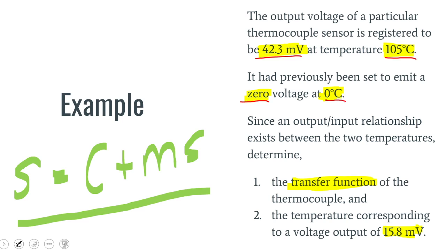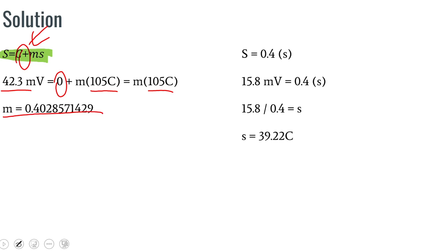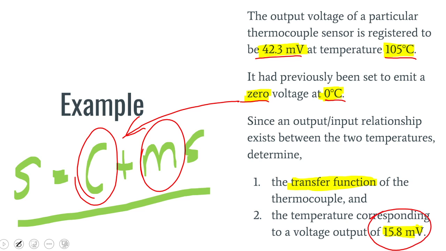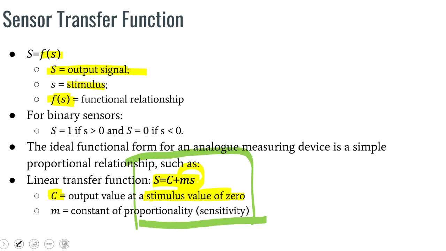The second case would give us the C, and then to calculate M, we would use this equation, and then again substituting the values from the question here, we can calculate the temperature, or the stimulus value. So that is a very basic way of doing some calculations relevant to sensors and sensor transfer functions.